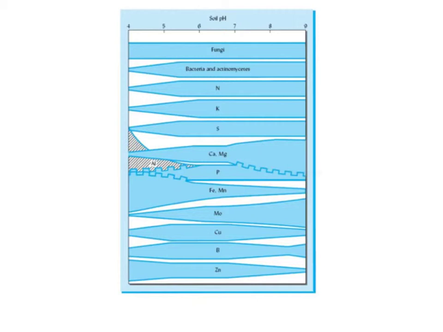It's not as available as it is in neutral or slightly acidic pHs. The same thing when you move down to the acidic end: phosphorus becomes what we call complexed with things like iron, and this makes it unavailable to plants, so that plants can't, again, quote unquote, see the phosphorus that's there.